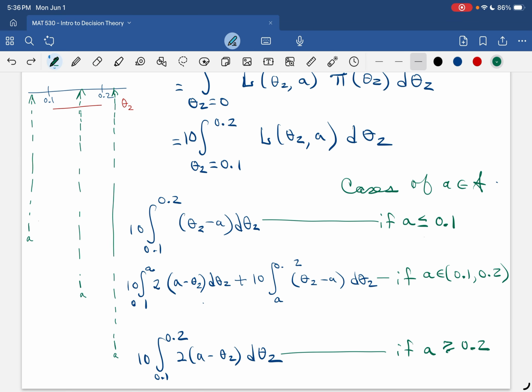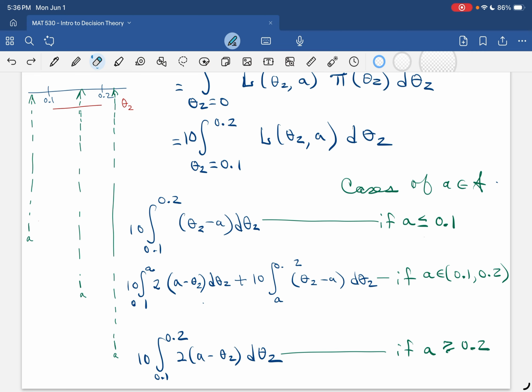Let's consider the case where a is less than or equal to 0.1. In that case, a is always less than or equal to theta 2, and so going back to the definition of the loss function, the loss function is equal to theta 2 minus a. The next case is what if little a is between 0.1 and 0.2?